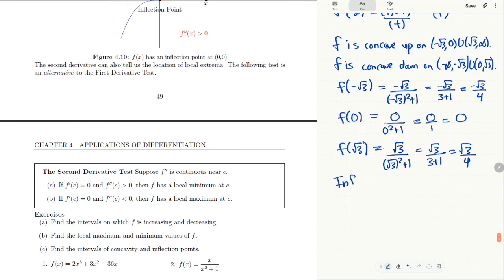So the inflection points for this function are at negative root 3, comma negative root 3 over 4. We have 0, 0, and we have root 3 and positive root 3 over 4.